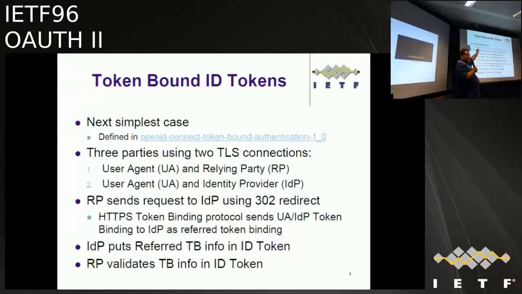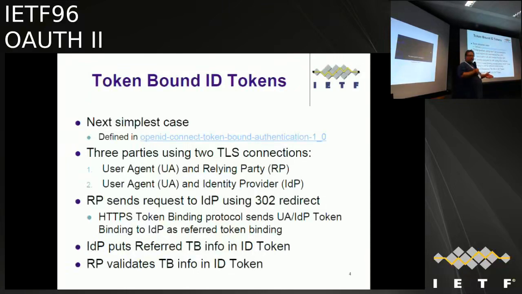There is a draft in the token binding working group on how to do federation in browser contexts with token binding, which Dirk, among others, has worked on. That's very applicable to federation use cases like OpenID Connect, SAML, etc. In this case, there's three parties using two connections: a user agent or browser talking with the relying party and the identity provider, and you do a 302 redirect between the two.